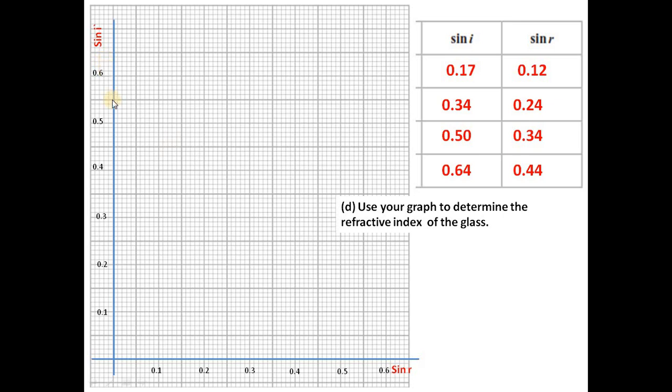So if you see this scale and these values, for sin I 0.17, and sin r 0.12, if you plot these 2 points on the graph, then you can get these points. So for sin r 0.12, you have 0.17, and so on, and the line of best fit is this.